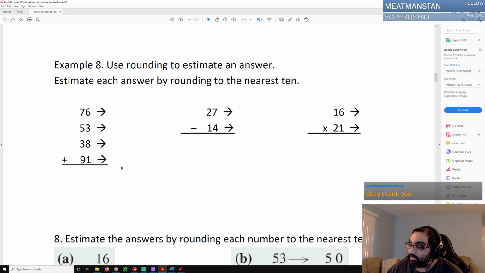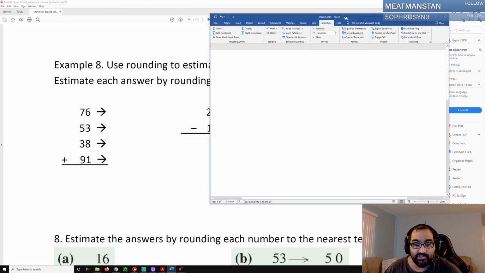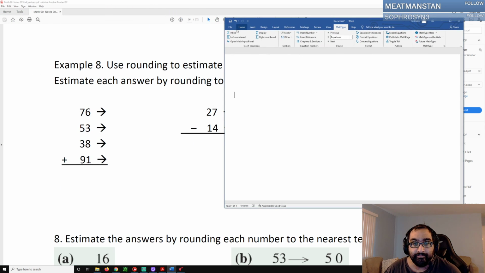Again, we're not going to get an exact answer here. The point is to get an approximate answer because we'll be rounding off every number before we add or subtract or multiply or divide. So the calculations here are going to be significantly easier as a result.